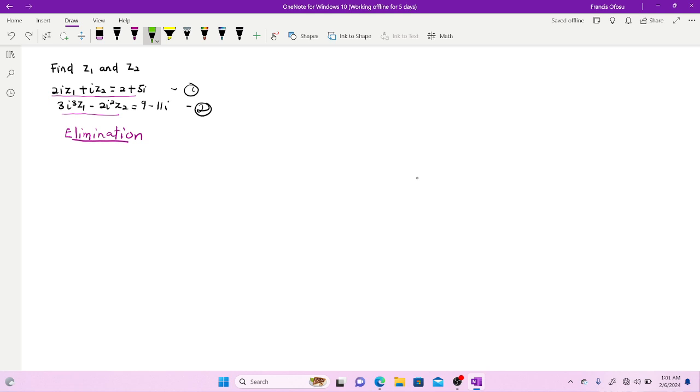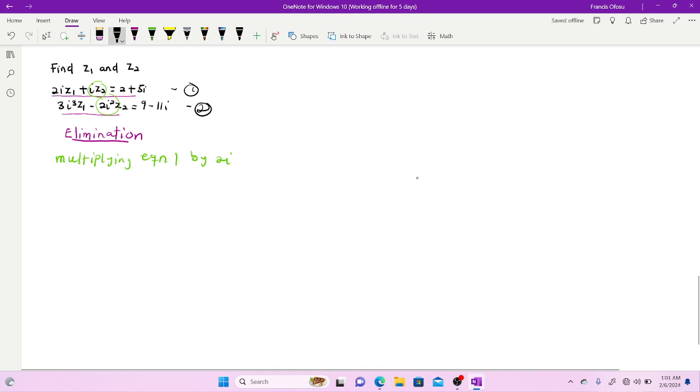In order for me to make this equal to this, I'll multiply what I have here, because here is 2i squared. So if I want to change this one, I'll multiply the whole of the first equation by 2i. So this is what I'm going to write. Multiplying equation 1 by 2i, right?